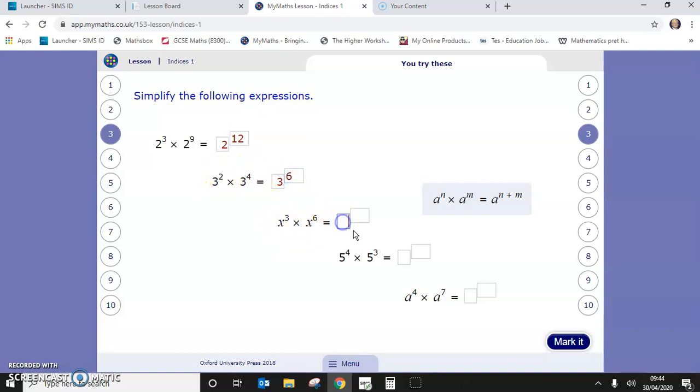This, my base letter in this case, is x, and then I've got 3 and 6, which gives me 9. 5 is my base number, and that's going to be 7. a is my base letter in this case, and that's going to be 11, and then click mark it.